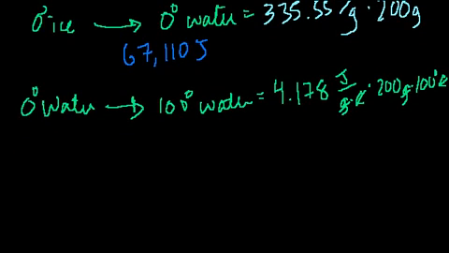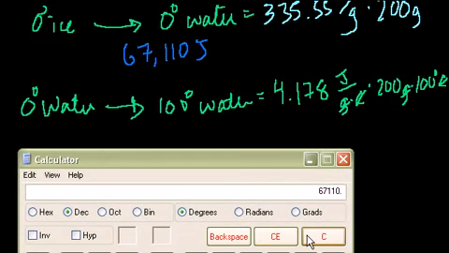So let me get the calculator out. So this stage is going to be 4.178 times 200 times 100 is equal to, nope, I did something wrong. I think I pressed the negative.